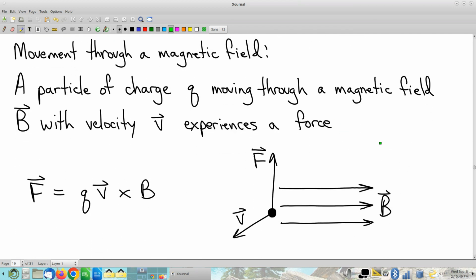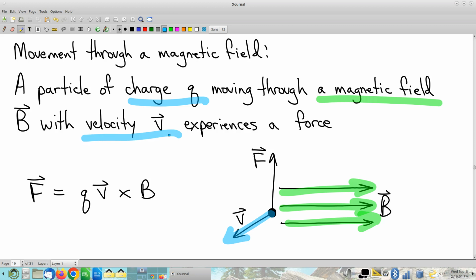Likewise, with magnetic fields, weird thing: if you have a magnetic field like so, and something that's moving, in particular a charged particle moving with a given velocity, we have noticed empirically, and don't ask why, nobody knows why, that when there's a magnetic field pointing this way and something moving through it with some velocity, that creates a force.